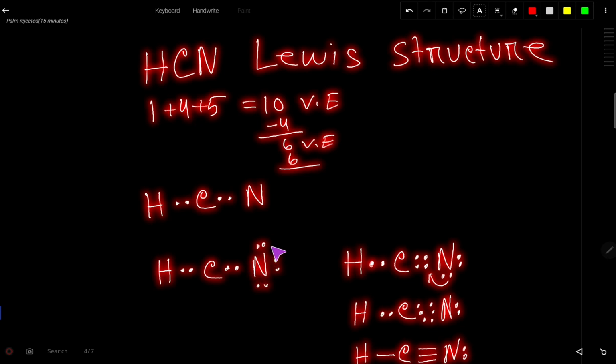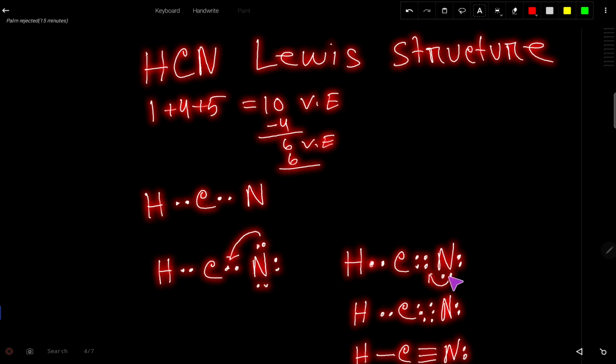Now this nitrogen has 2, 4, 6, 8, this carbon has 2, 4, so we need to satisfy the octet for the central atom. That is why we will convert this lone pair into a bond pair. Look, so we'll get this structure, right? In this structure, nitrogen has 2, 4, 6, 8, carbon has 2, 4, 6, so we need 2 more electrons.